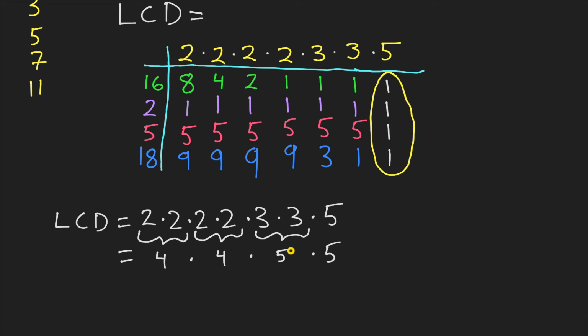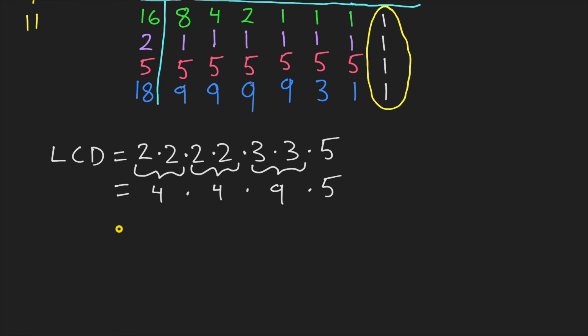Or rather, I was getting ahead of myself. 3 times 3 is obviously 9 times 5. Okay. 4 times 4 is equal to 16. And then 9 times 5 is equal to 45.